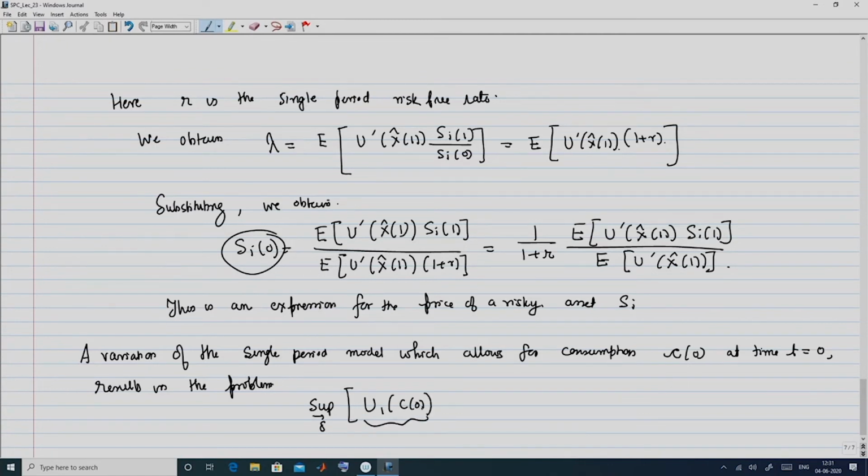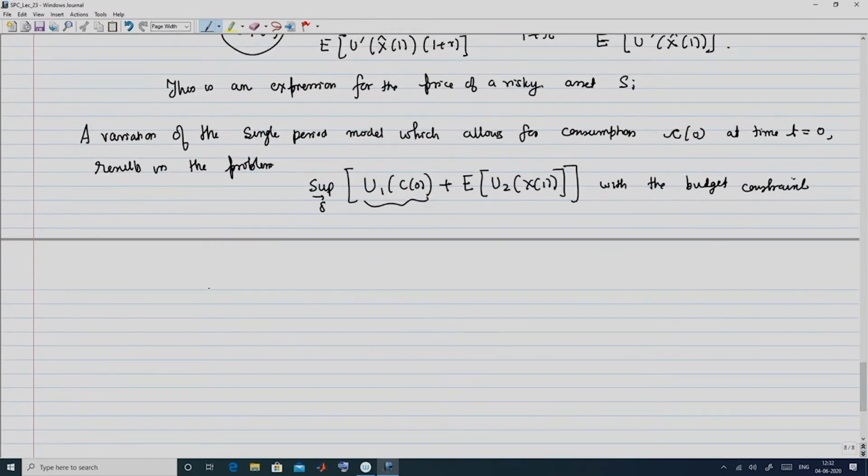Now, this is the deterministic quantity plus the expected value of u2 of x of 1, which is a random variable, with the budget constraint x minus C of 0.